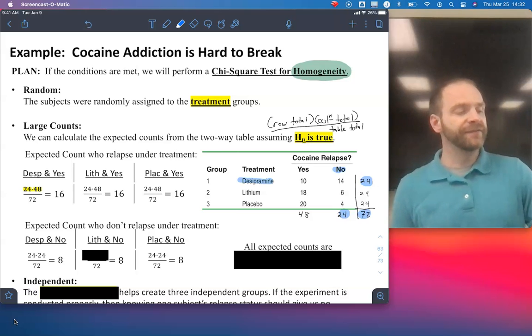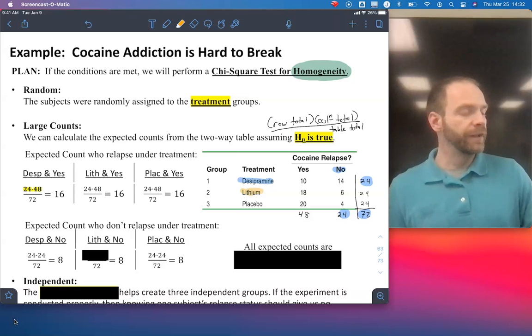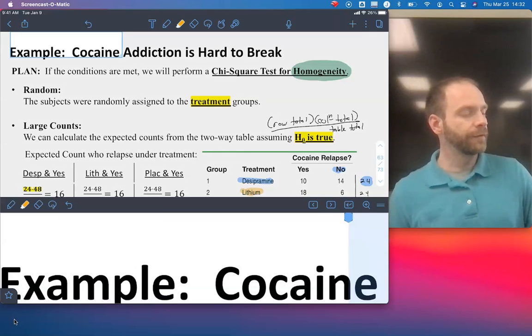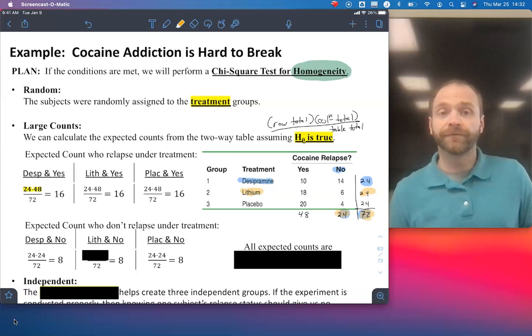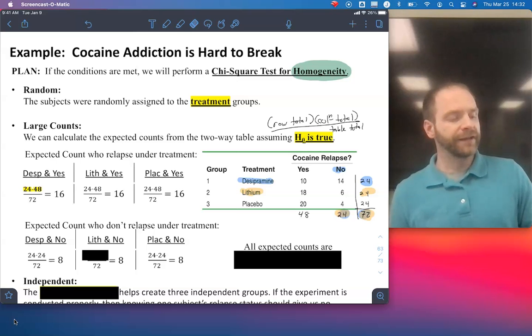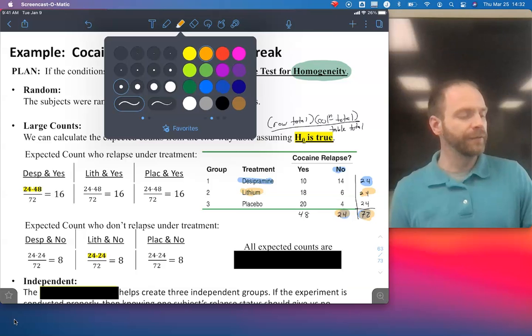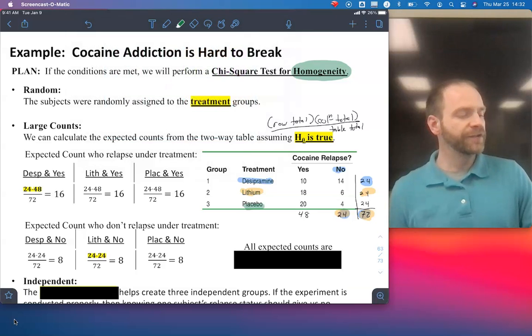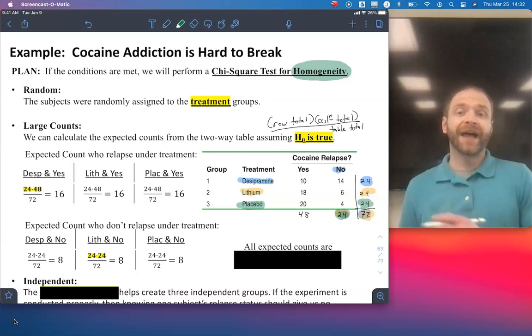And if I use a different color this time and go look at the lithium, we have 24 for our row, 24 for our column, and 72. So that's what I have right here. And if I did it for the placebo as well, we would see the same thing: 24 as our row total, 24 as our column total, and 72. So these all happen to be the same thing.